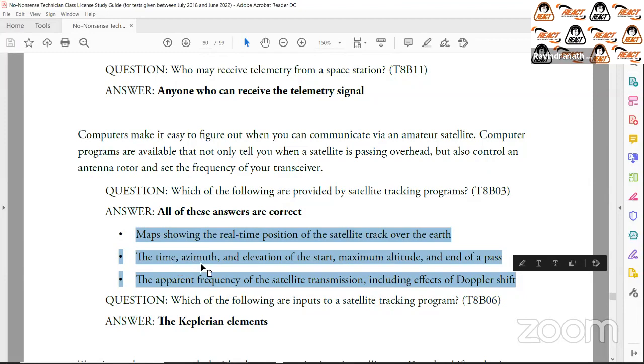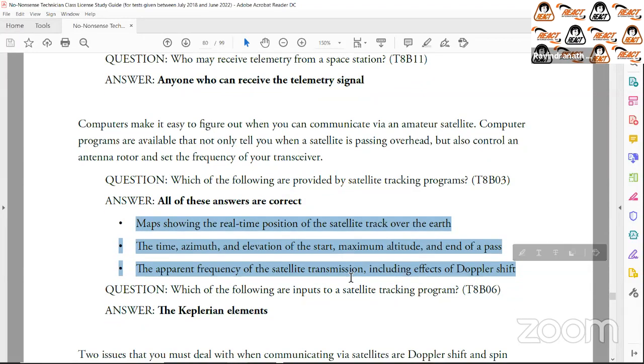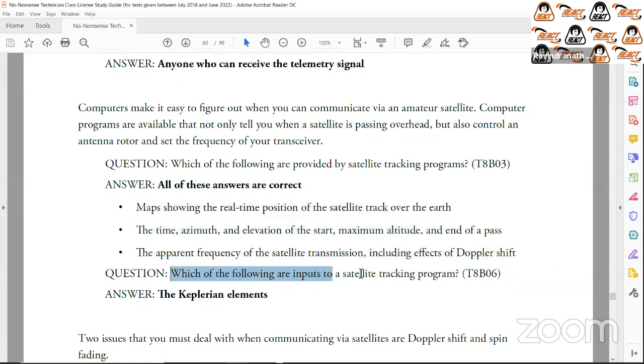You can get the time, the azimuth, and elevation of the start, the maximum altitude, and the end of a pass. All of that is provided by the satellite tracking program. Also, the apparent frequency of the satellite transmission that includes the effects of Doppler shift. All right, so you get all of that in the satellite tracking program.